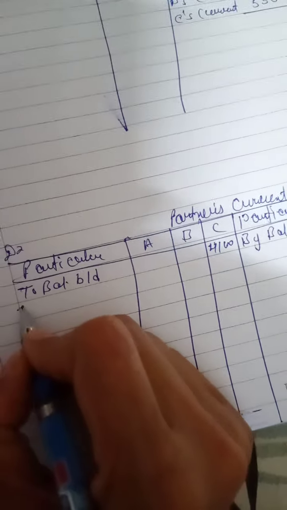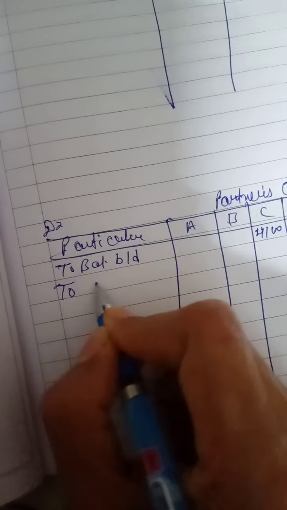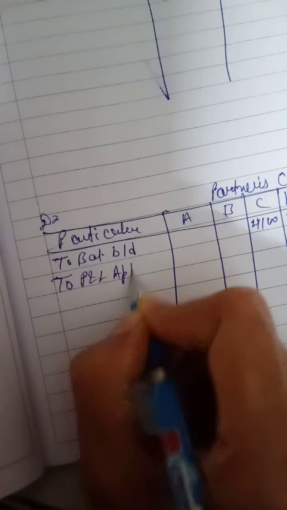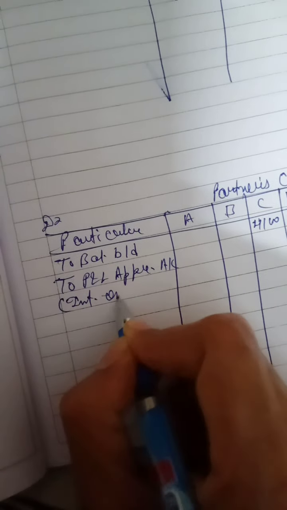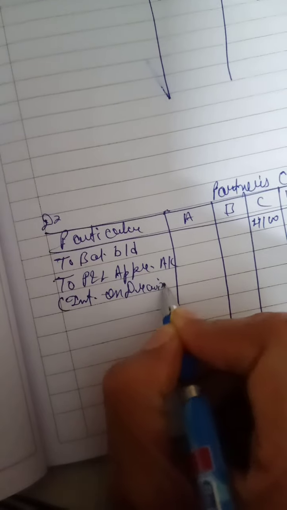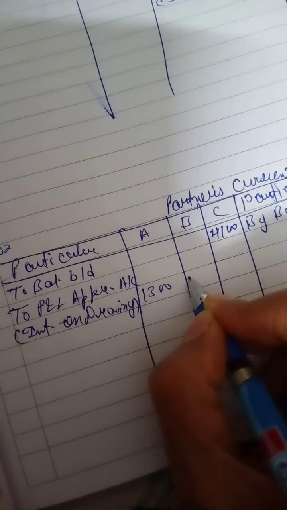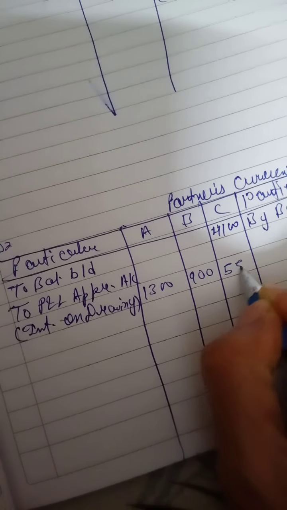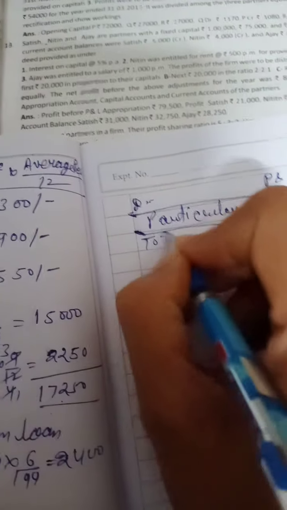Ledger account, you already know how to prepare. To P&L appropriation account, interest on drawing account: A is 1,300, B 900 and C 550. Complete. Then the next point, interest on capital. You already calculated it.